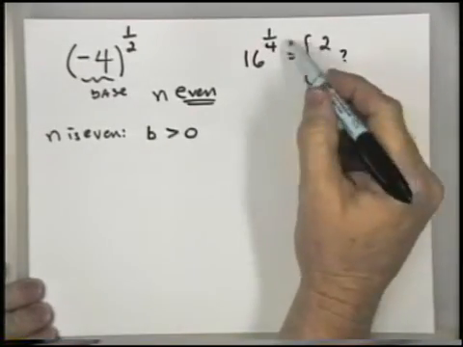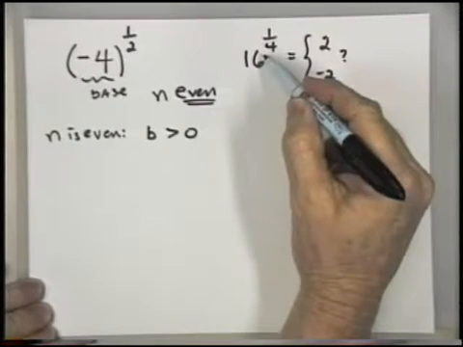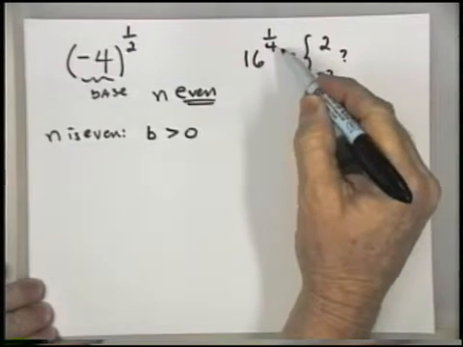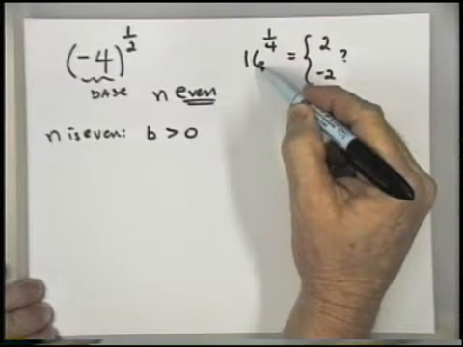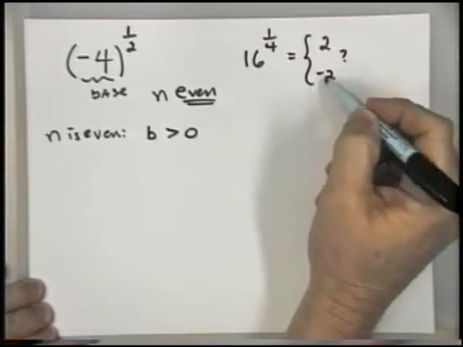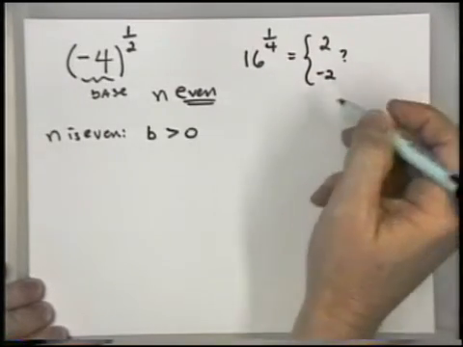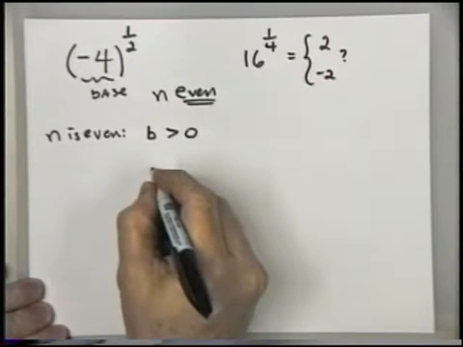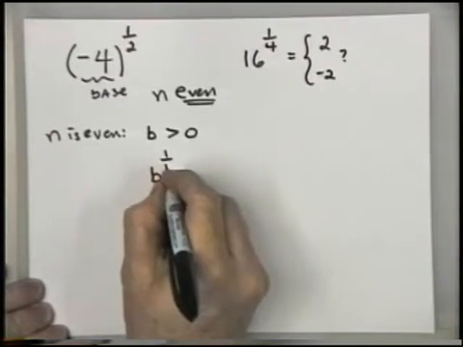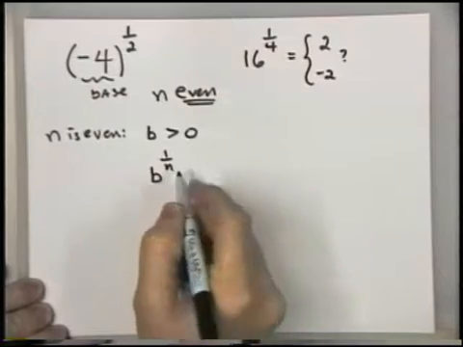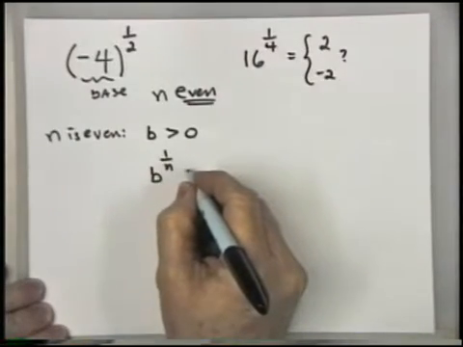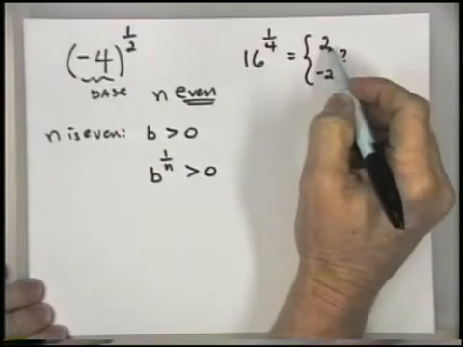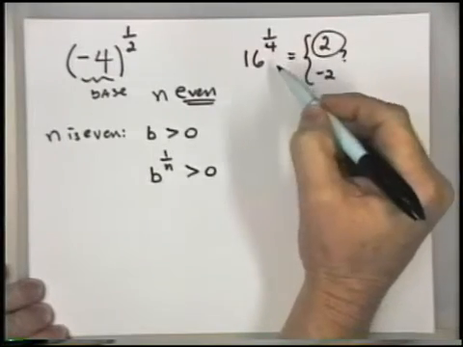And in the second situation, we've got two possible numbers whose nth power will turn out to have that base. We've got to select one of them. Well, when n is even, we're always going to choose b to the 1 over n to be the positive one.